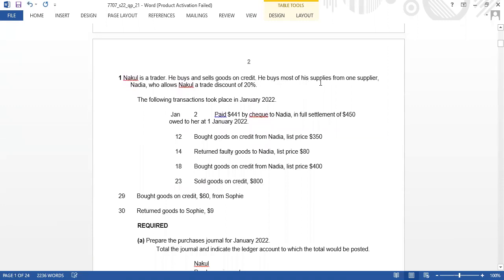As it is written, he buys most of his supplies from one supplier, Nadia, who allows Nakul a trade discount of 20%. That means when he bought goods on credit from Nadia, at list price, we have to deduct the trade discount from that. 350 multiplied by 20% will be the trade discount offered to Nakul by Nadia.